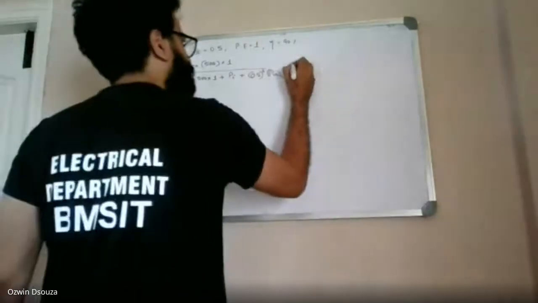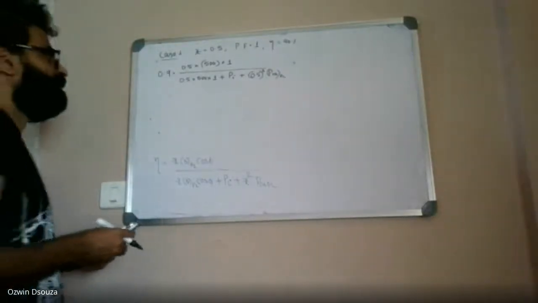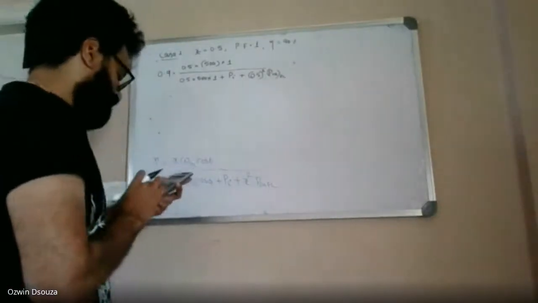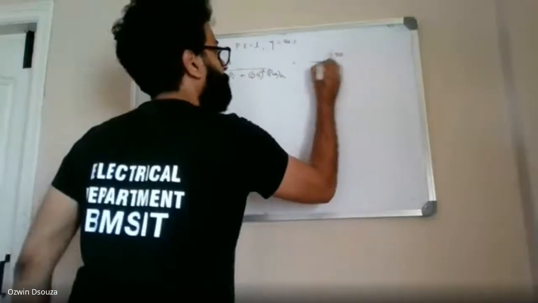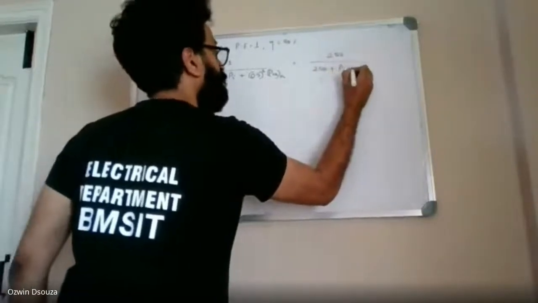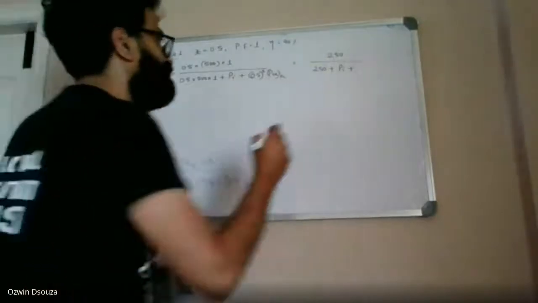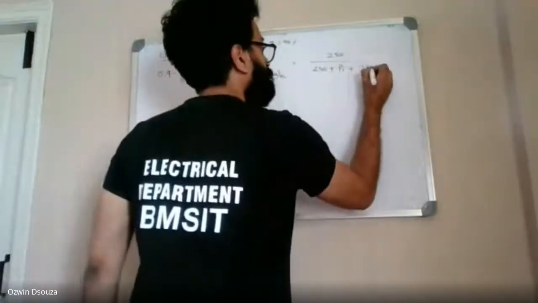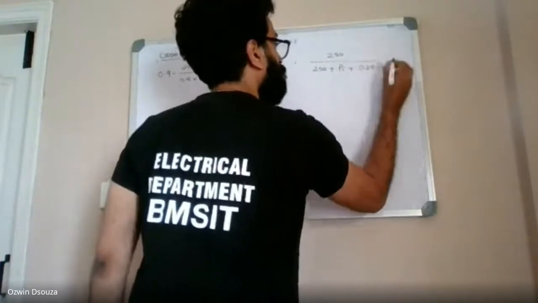So simplify. What do you get? It is 250 you will get, since 500 into 0.5 is 250. 250 plus iron loss plus 0.5 square, so 0.5 square is 0.25, so 0.25 P_Cu full load.